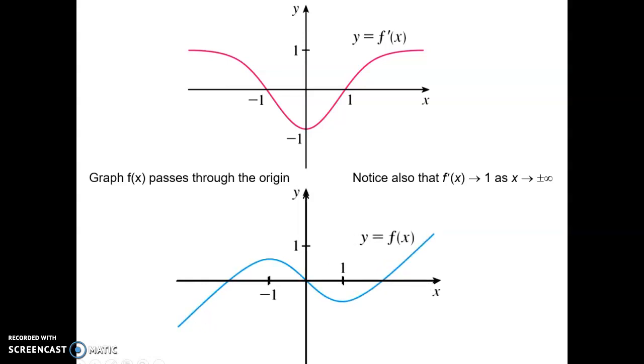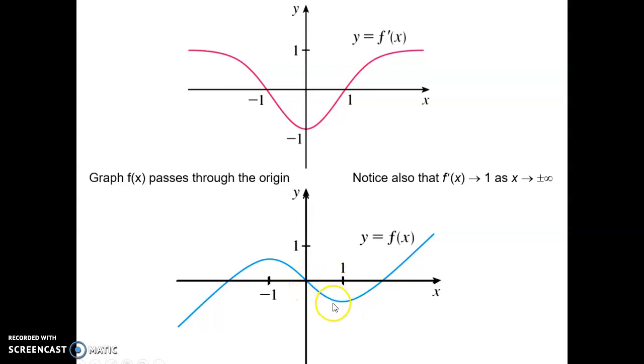Notice the things that we said. We said that the curve f must be increasing from negative infinity to negative 1, because the derivative curve was above the x-axis. Therefore, the original curve is increasing. Then I have to have a horizontal tangent line because the derivative was 0 at that point. Then from -1 to 1, the curve must decrease. So f of x must decrease from -1 to 1 and be the most negative, with a point of inflection at 0, 0, where I have to pass through the origin.